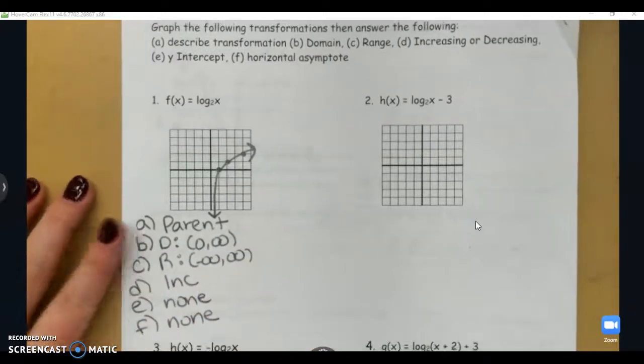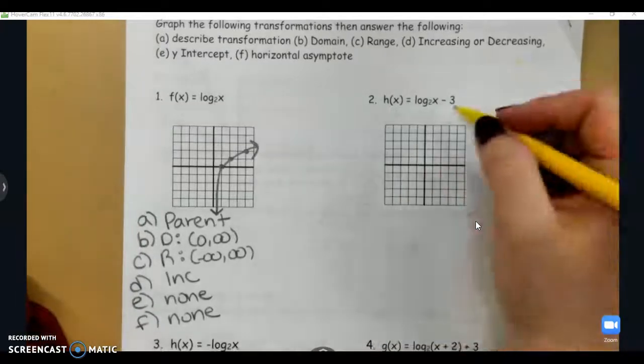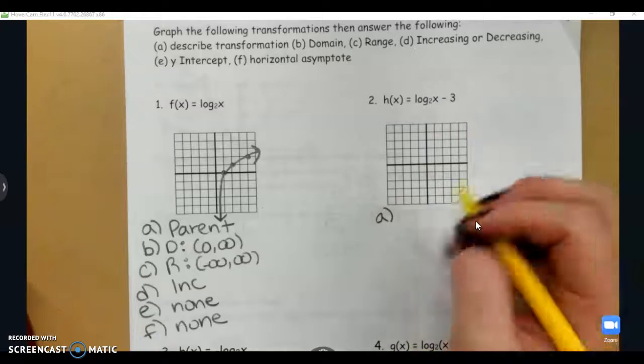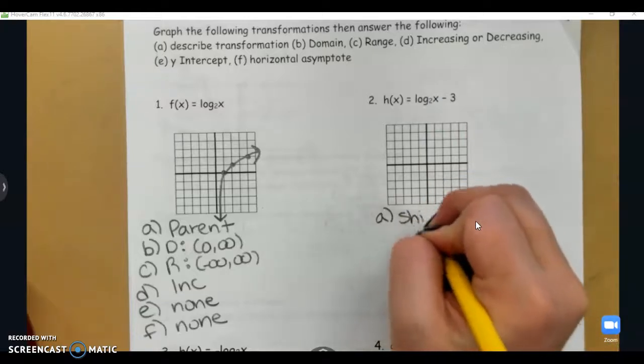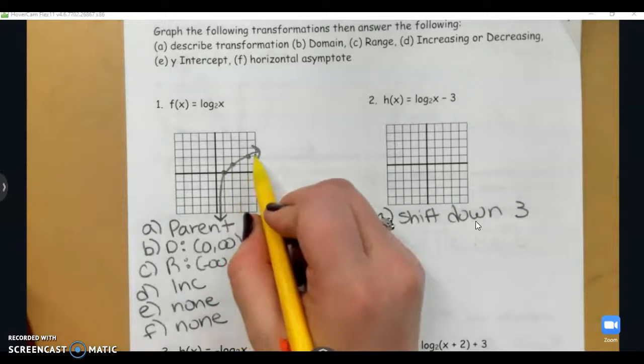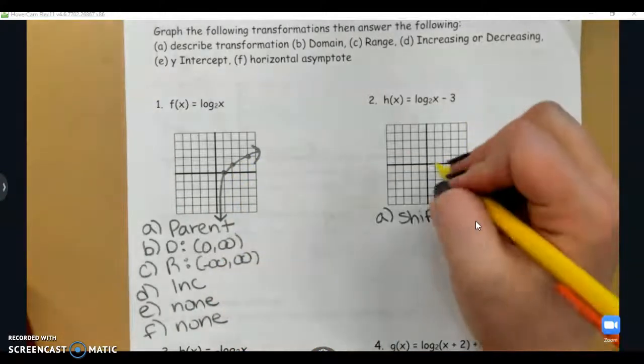Okay, now looking at number 2, the transformation that's going to be occurring here based on this equation we're given is that we are going to be shifting down 3. So I'm going to take these 3 points from my parent function and just shift them down 3.